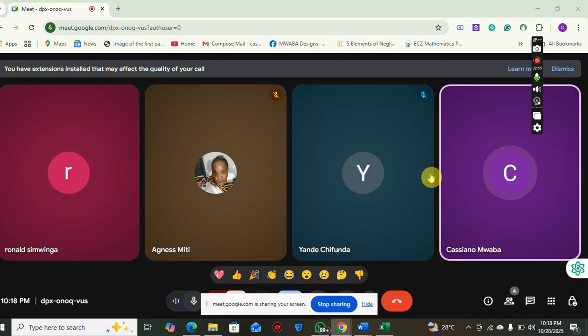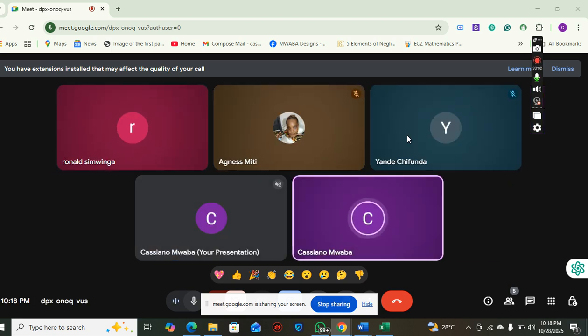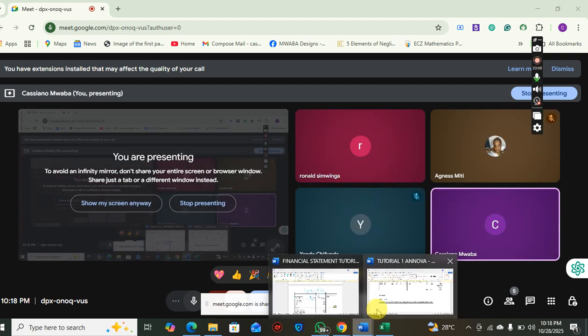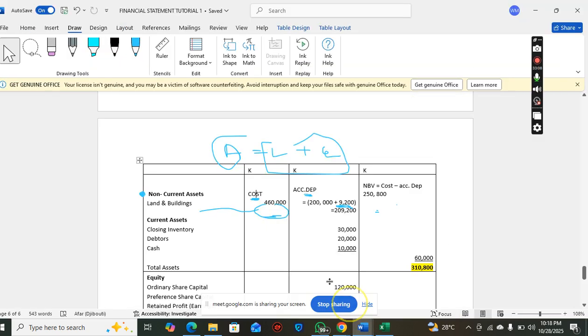Yes, so I was saying the non-current assets, you can list them from the most permanent to the least permanent, or vice versa. Okay, so the most permanent current asset is closing inventory.